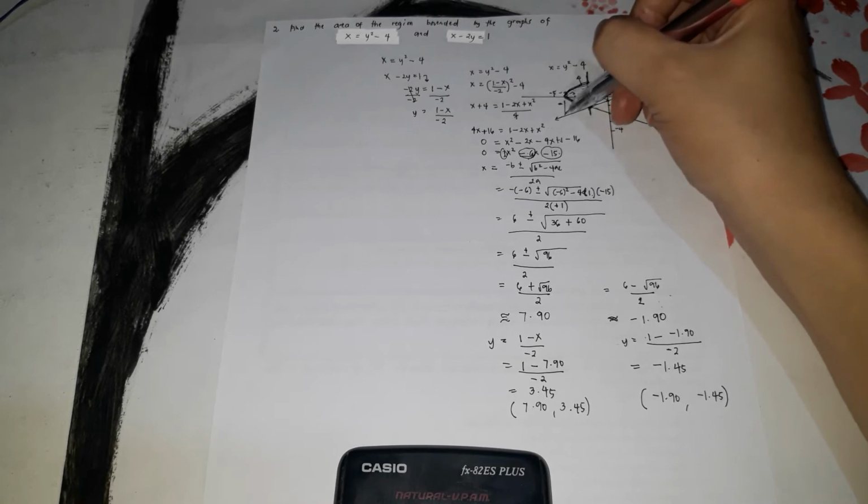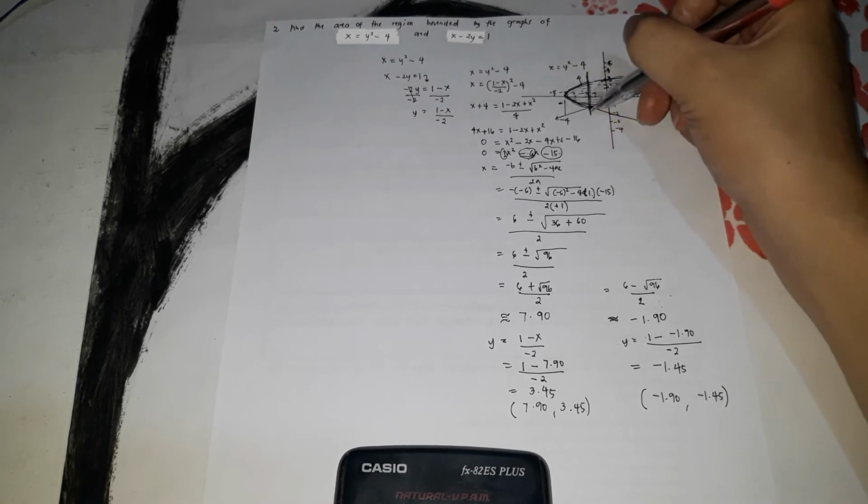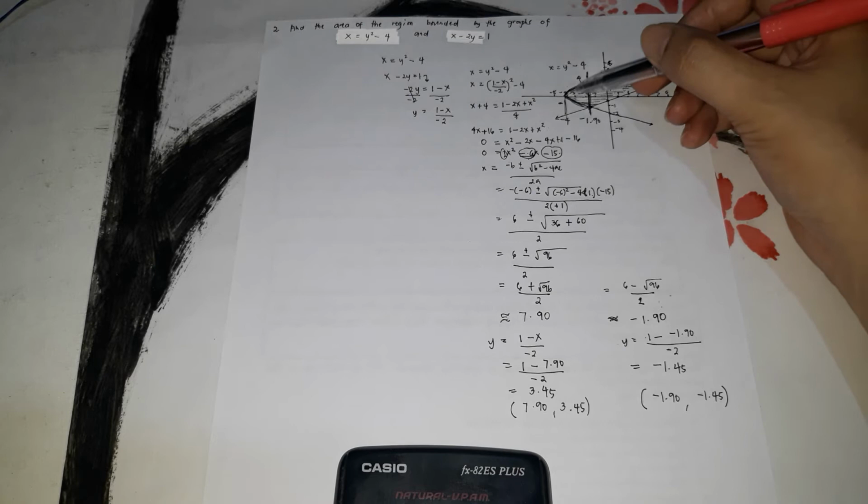So this is from negative 4 to negative 1.90, and this part is from negative 1.90 to 7.90. So we're going to solve two areas for the area of these two regions.